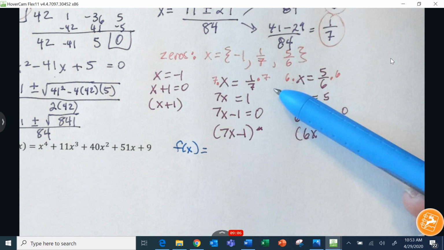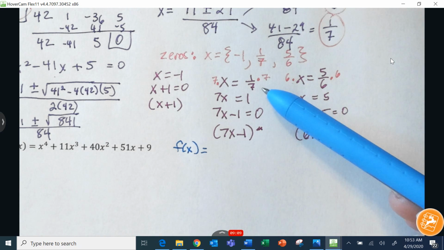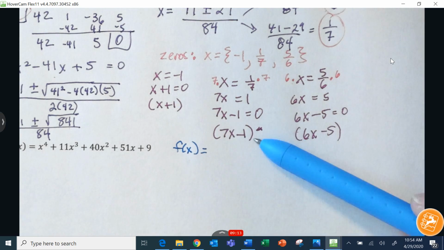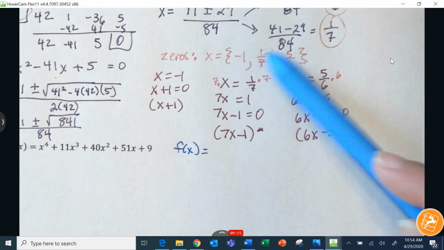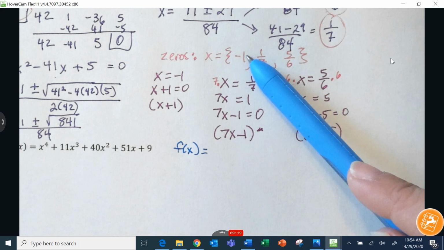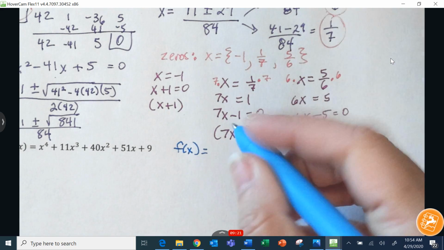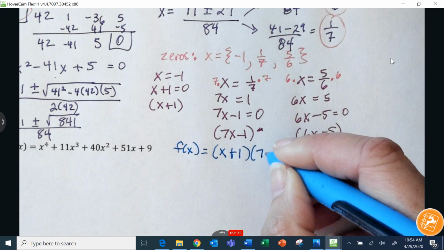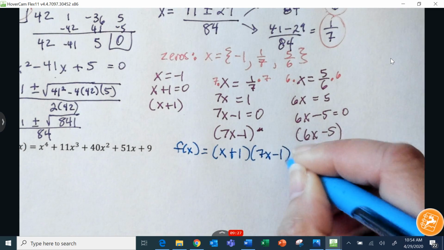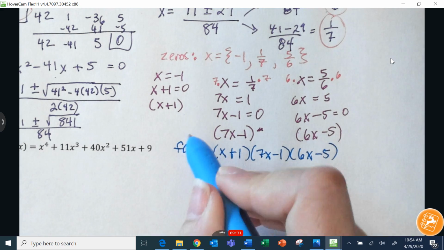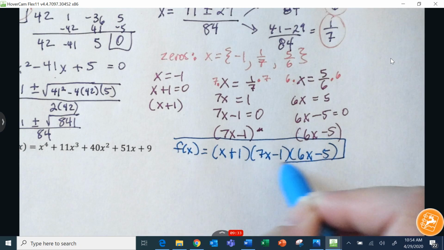Normally in class I wouldn't be picky about it, but just because you're going to have to enter answers into a computer, I want you to put the factors in the order of the zeros. So the first factor, I'm going to put the factor that goes with -1, which is x plus 1. And then 7x minus 1. And then 6x minus 5. So this would be our factored form.